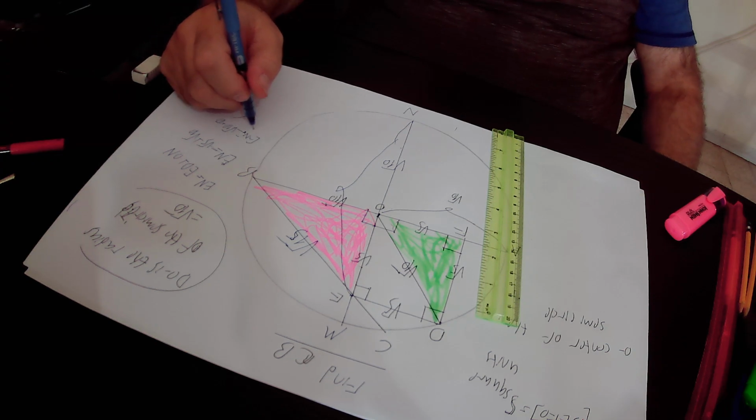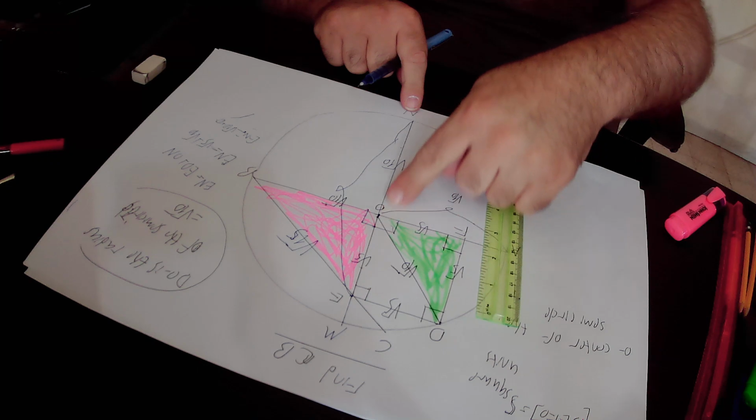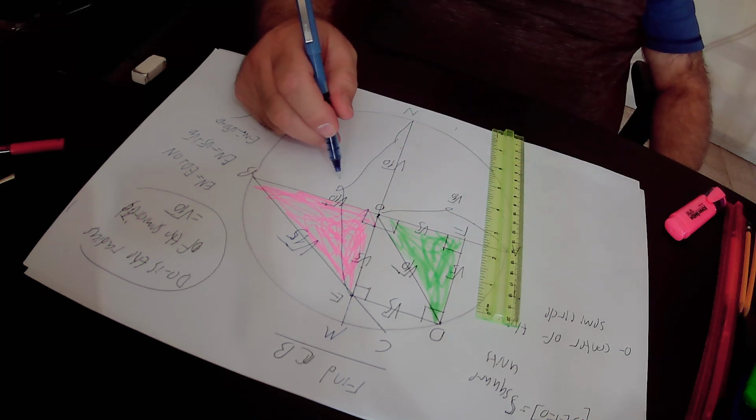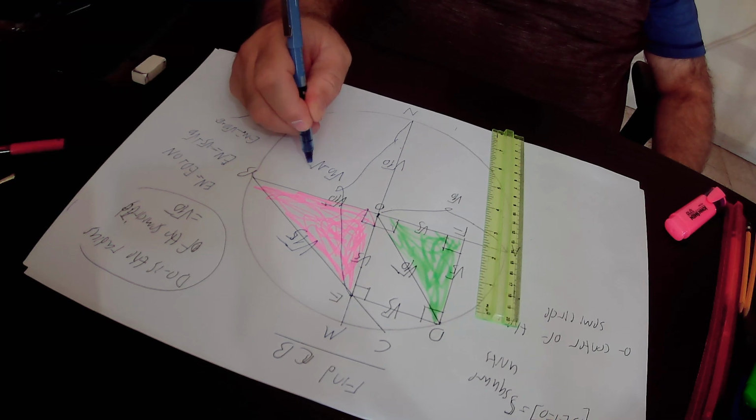Okay, so this line segment EN equals the square root of 10 plus the square root of 5.